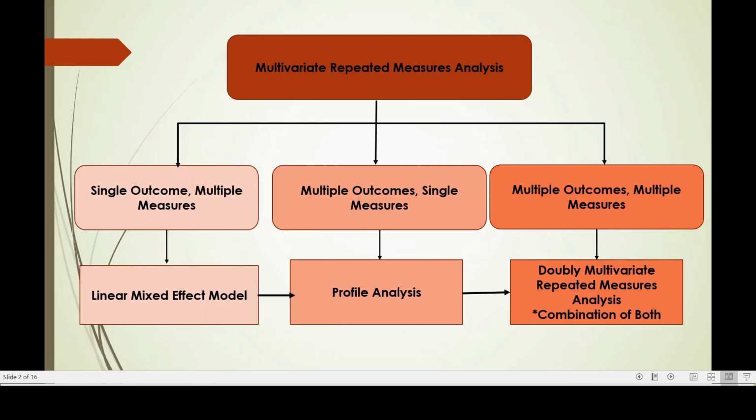For the third scenario, which is the most complicated, we have multiple outcome variables that we're interested in, and all of them were measured repeatedly, more than one time. The statistical method that we can use to analyze this kind of data set is called doubly multivariate repeated measures analysis, and this method is kind of a hybrid of the linear mixed effect model and the profile analysis method.